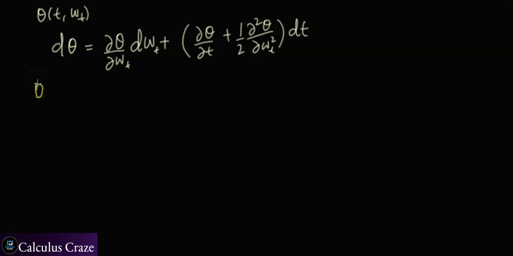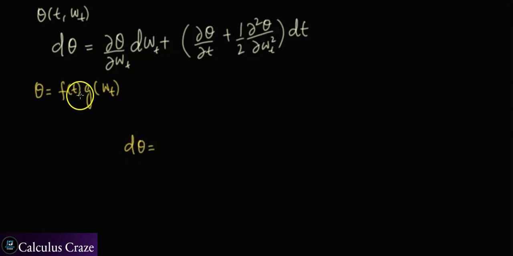Let me set theta to be equal to the product of a function f of t, a deterministic function, times g of W sub t. So this g is depending on Brownian and f is depending on time. I need to compute the d theta.